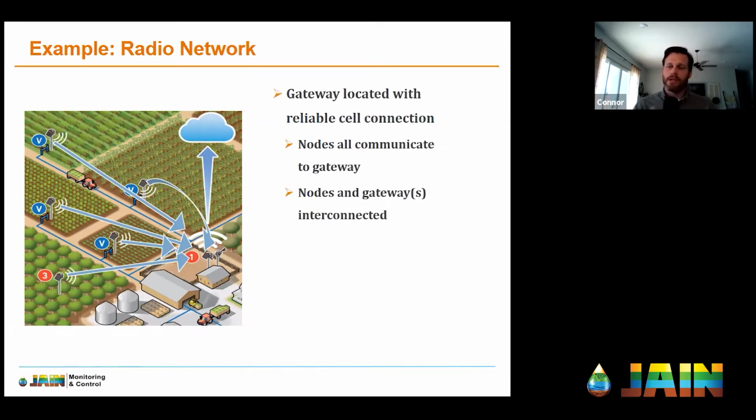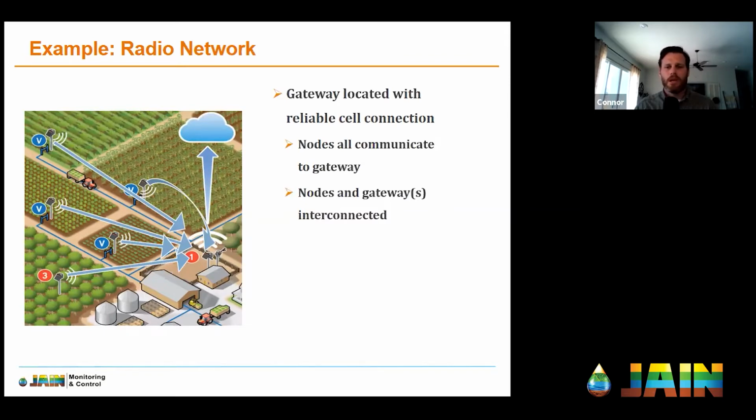This is really nice in areas where we have marginal cell reception, because we can reach past the limits of that cell reception with the radios and also the repeaters. It's also nice from a pricing standpoint, because your annual subscription is going to be a little bit less, since you have access to our tiered pricing, which is determined upon the number of radios that you have deployed.